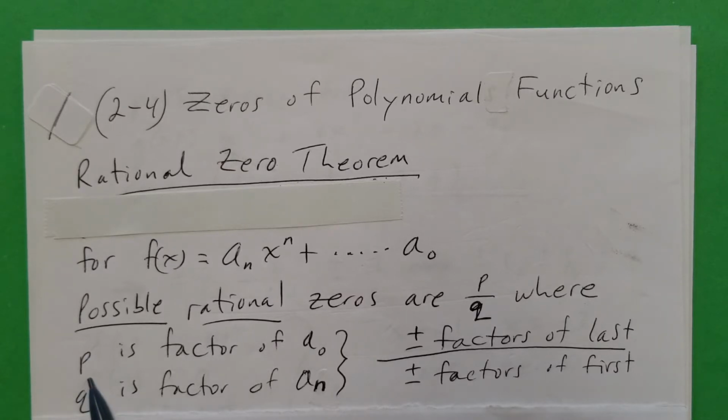So the P number comes from the factors of the last number in your polynomial. The Q numbers, the bottom numbers, come from the factors of the first number. So it's kind of like the opposite. The top numbers come from the factors of the last number. The bottom numbers come from the factors of the first number.